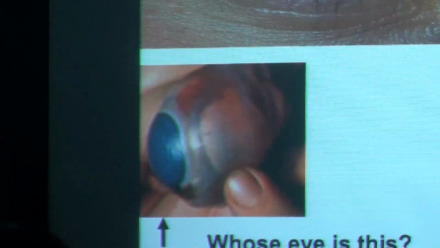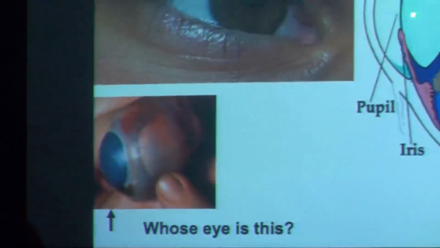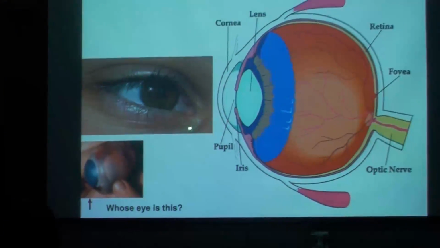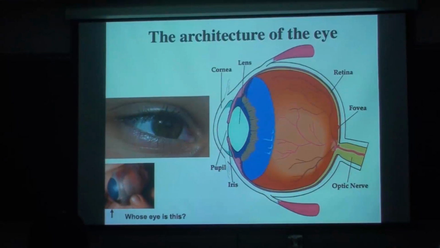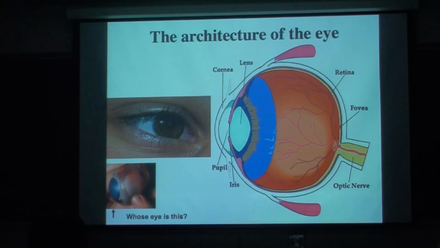And the most interesting part of the cow eye is actually the lens. So you cut in the cornea, you make an incision, and then you can get the lens out. You have to be very careful, because the lens is amazing. It looks like glass, totally transparent. You put your finger, it's like a magnifying glass, absolutely amazing.